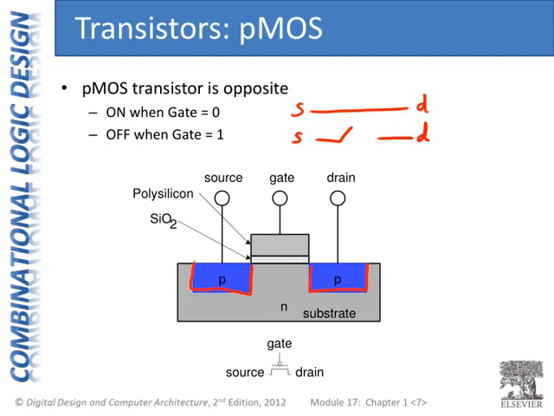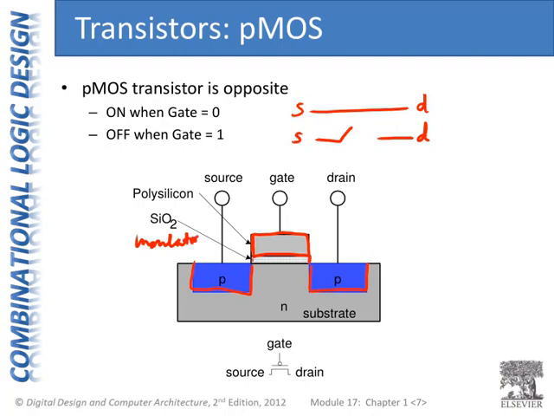And then, again, we still have our gate, which is metal, or currently polysilicon, but basically a conductor, separated by silicon dioxide, an insulator.